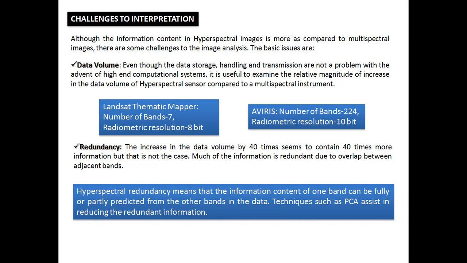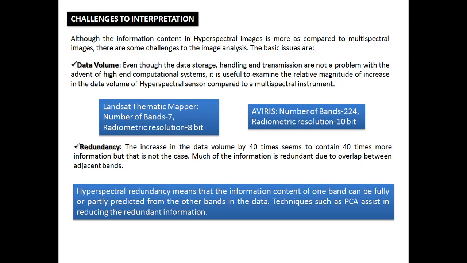So for a single object like vegetation or water, we can get information from a number of bands. For water, we can get the information from the short wave infrared or near infrared. For vegetation, we can get the information from the near infrared and the green band. This kind of repetitiveness is causing redundancy in the database.